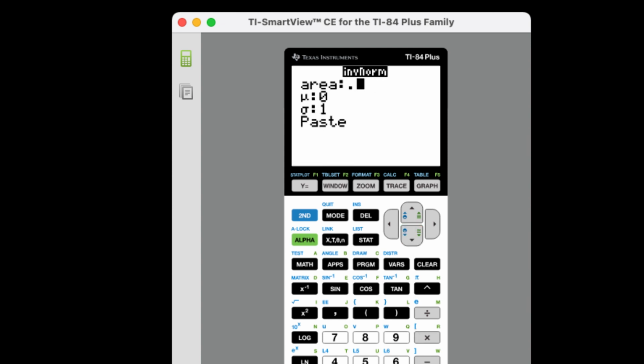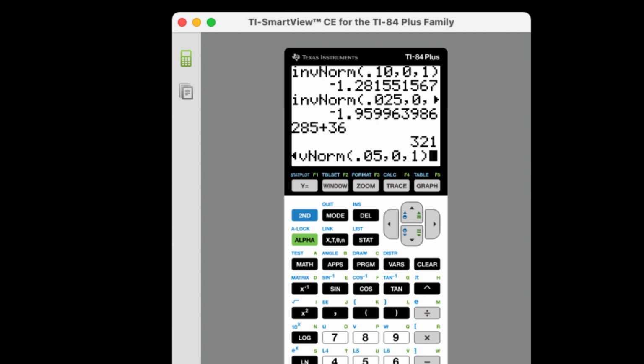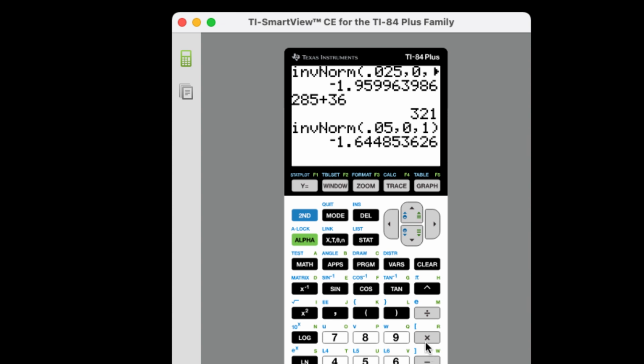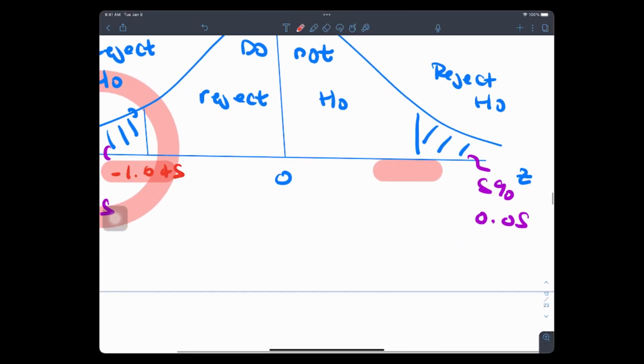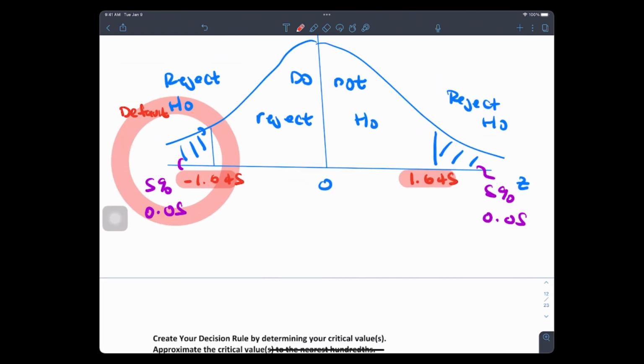Point, what is that? 0.05, and then what? What is that Z value? Okay, and then what's the other one? Positive 1.645. There's two critical values, ladies and gentlemen.